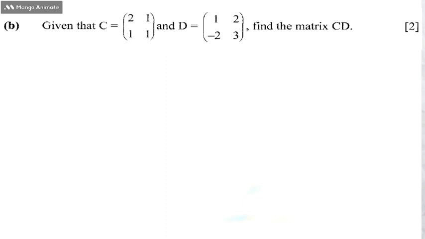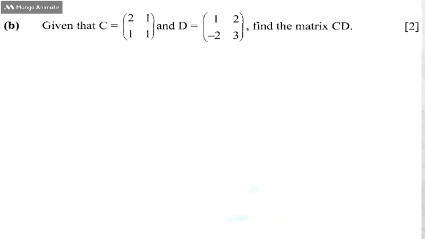Okay, so how do we multiply the matrix? How do we know that these matrices can be multiplied? We can know that these two matrices can be multiplied by determining the number of columns in the first matrix and the number of rows in the second matrix.